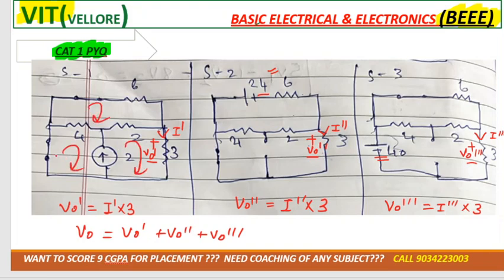By simple I. It is I dash, so make it I2. I double dash, third also I triple dash, get all the three, right? Calculate I dash, I double dash.